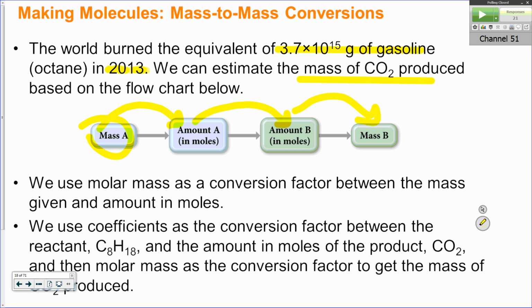We know our relationship, molar mass, is how we convert between mass and moles. The coefficients of the balanced reaction are our conversion factor in the middle step to go between the two different species. And then finally, to turn the moles back into mass, we're going to use the molar mass of CO2.